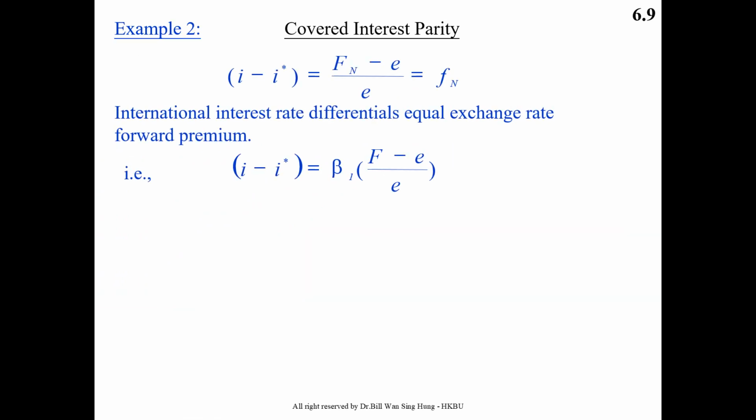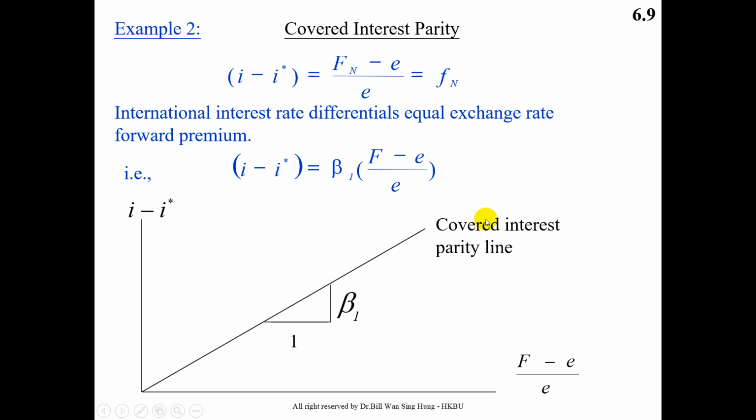Another example: international interest rate differentials equal exchange rate forward premium, that is this equation, and its graph is like this, the covered interest parity line. This is the slope, and this is the exchange rate forward premium, and this is international interest rate differentials.